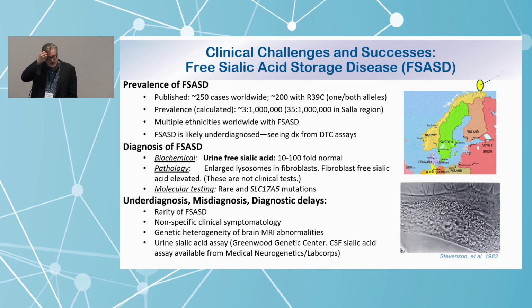In pathology, there are often enlarged lysosomes in fibroblasts, and there's increased fibroblast free sialic acid, but those are not really used as clinical tests very often. I'd just like to underline this probably undiagnosed population, which is important because as we think about how to construct a study, should we focus just on the R39C mutation, or should we have a broader base to our investigations?